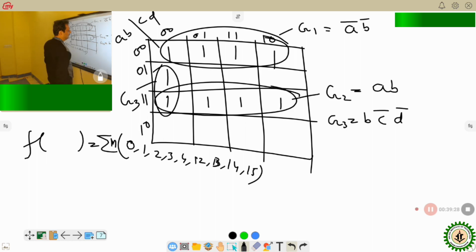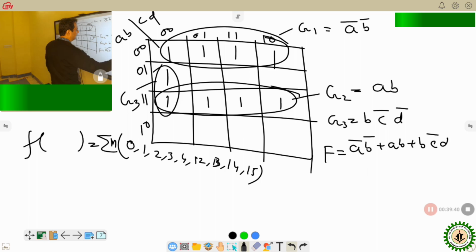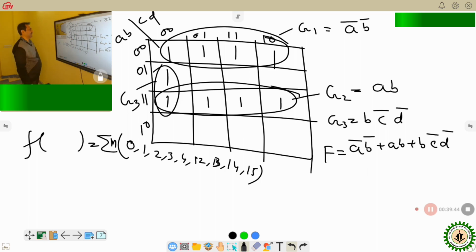So what is the Boolean function? The Boolean function is equal to A bar B bar plus AB plus B C bar.